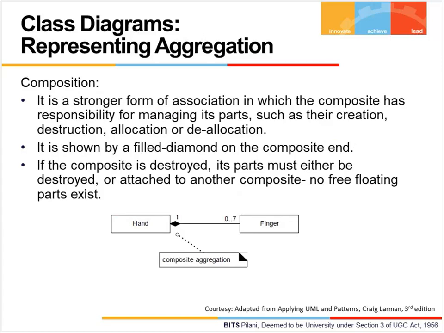Okay, I'll give you an example. First, let's understand the composition. This is the composition relationship wherein the hollow diamond changes to a filled diamond, and it is placed at the composite end. Now let's understand what is the difference between an aggregation and a composition.